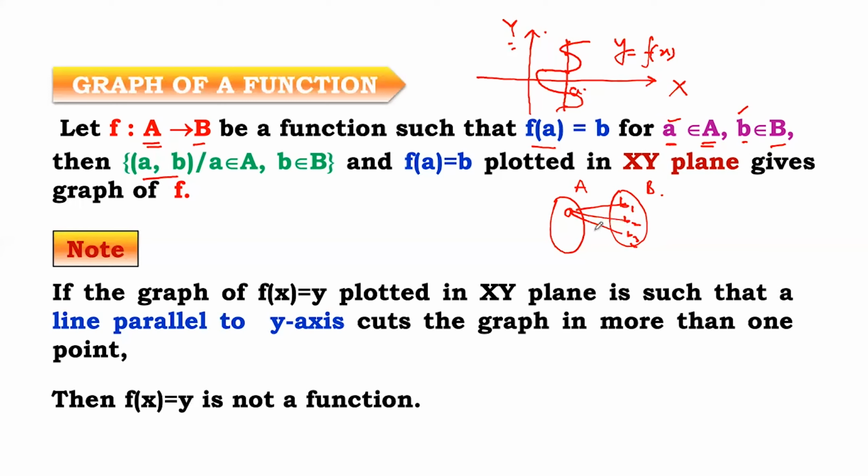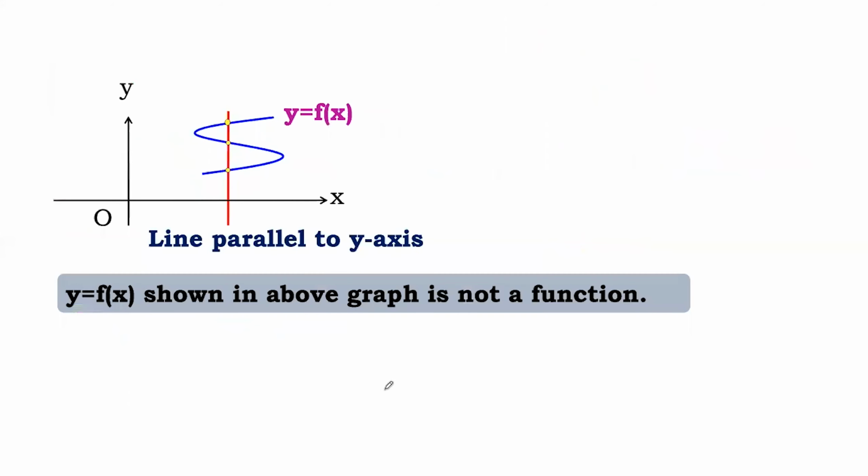For a single value you are getting multiple values in set B, so it is a multi-valued function. That's the reason if any line parallel to the y-axis intersects the curve more than once, then this must not be a function. This is the simple method we can apply.